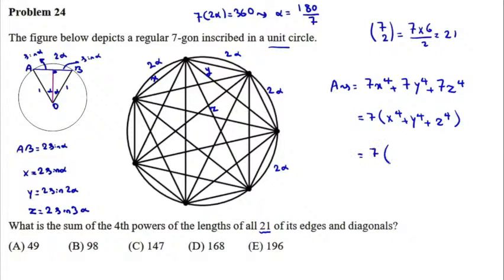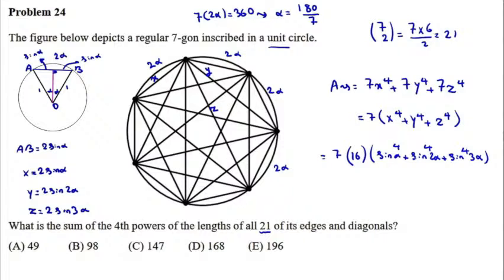So it will be 7 times x to the 4, which is 16 sine to the 4 alpha, plus y to the 4 is 16 sine 2 alpha to the 4. All of them have 16, so we factor out 16: sine alpha to the 4 plus sine 2 alpha to the 4 plus sine 3 alpha to the 4.